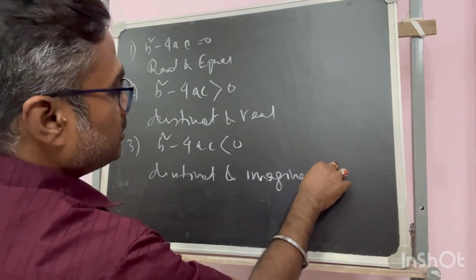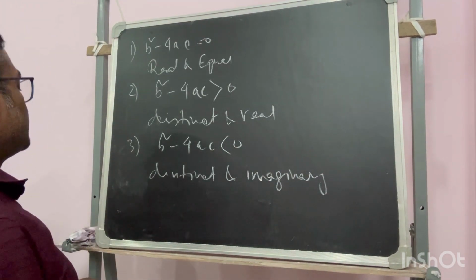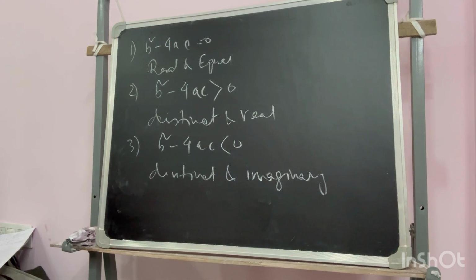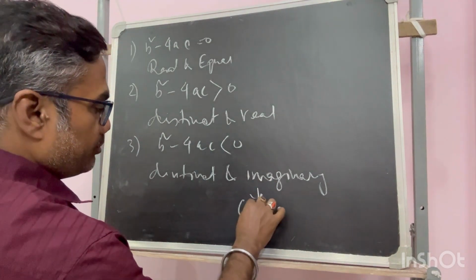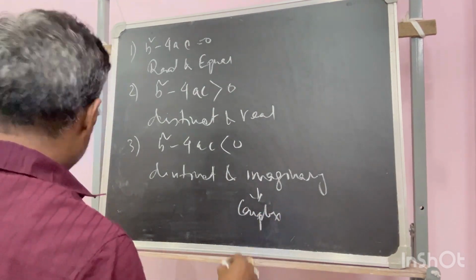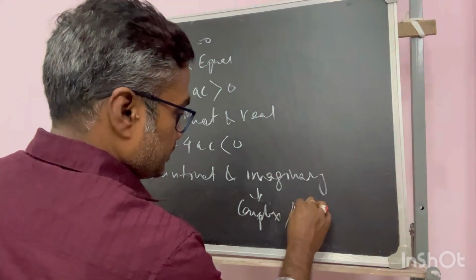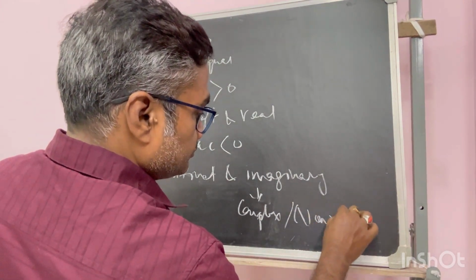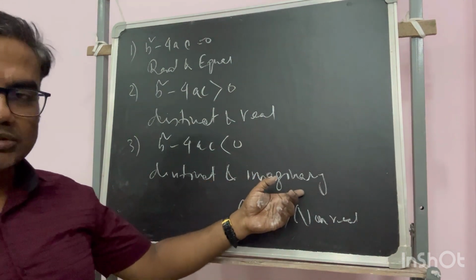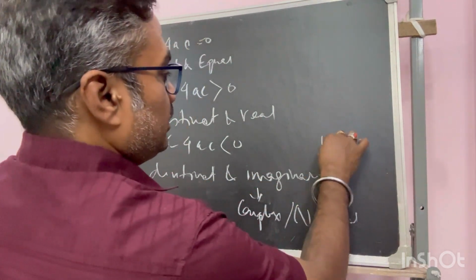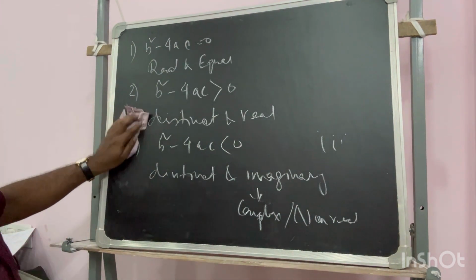There is no existence in real mathematics. There is a separate segment to discuss these problems. This is also called complex, or sometimes non-real. Complex and non-real are the terms used to describe those roots, which I will come to. So this is the segment.